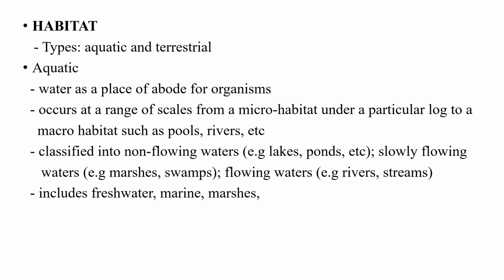And this occurs at a range of scales, that is from microhabitats under a particular log to macrohabitats such as pools, rivers, etc. So we have from microhabitat, that is from small ones, even on plants, for example, where you have small waters, and in some places where we have small water, some organisms live there as their place of habitat.